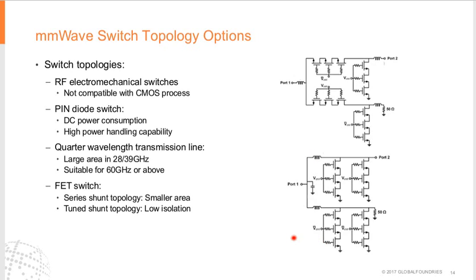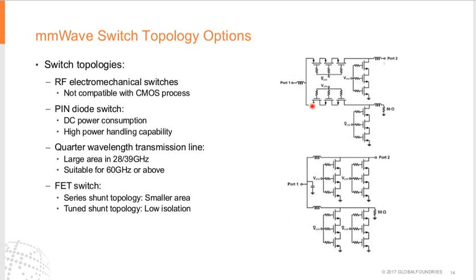Okay. In the next slide, I'll show you why we do not choose the tuned shunt topology and why we choose the series-shunt topology. Based on our evaluation of the publications, for the tuned shunt topology the insertion loss is mostly about 1.6 to 2 dB, even more than 2 dB at 28 GHz.